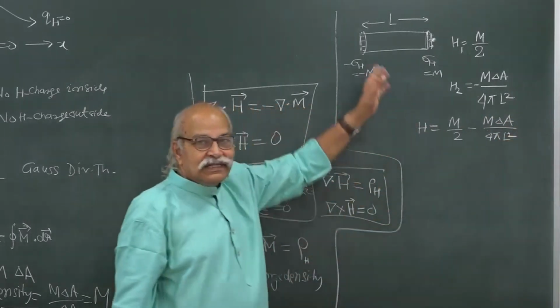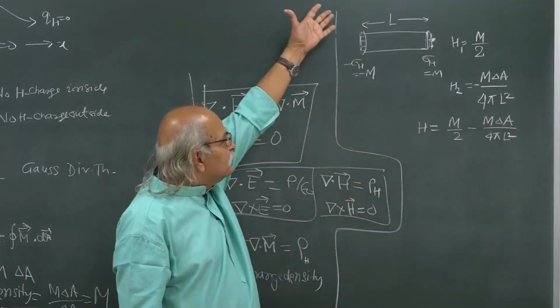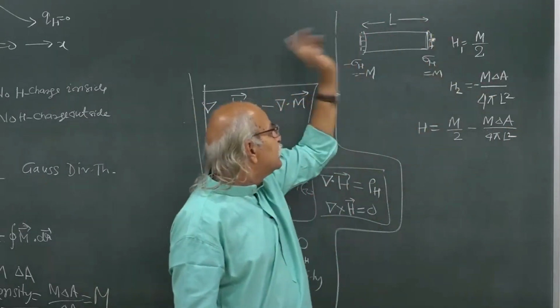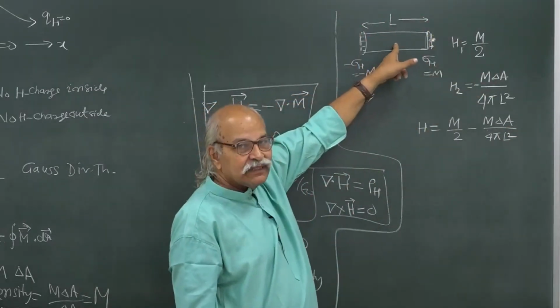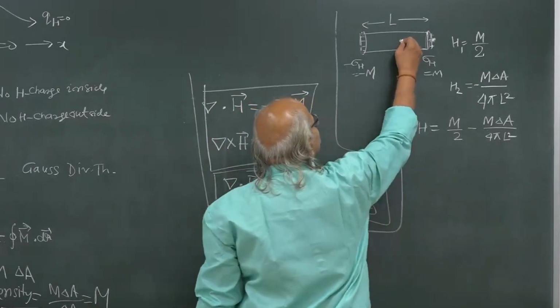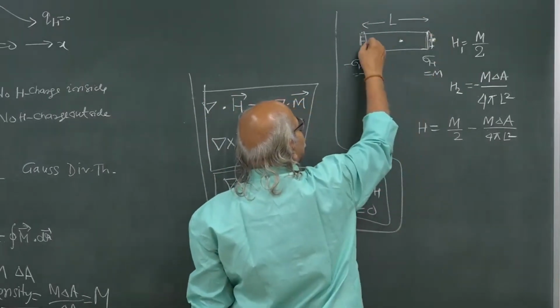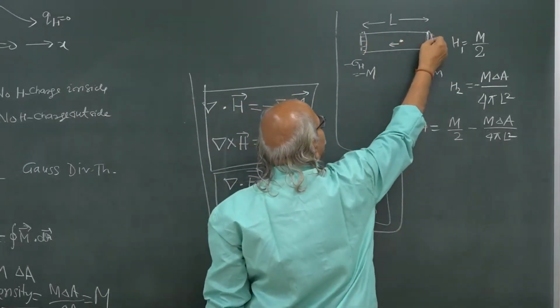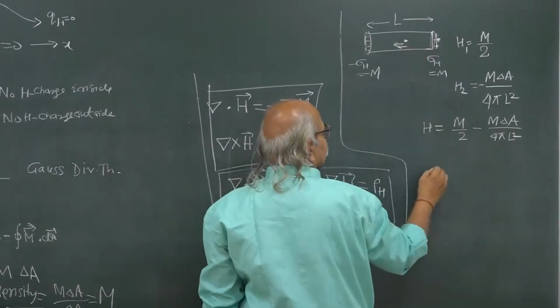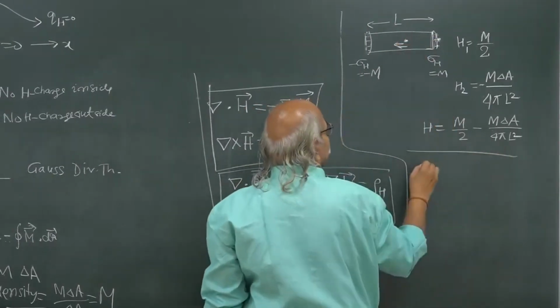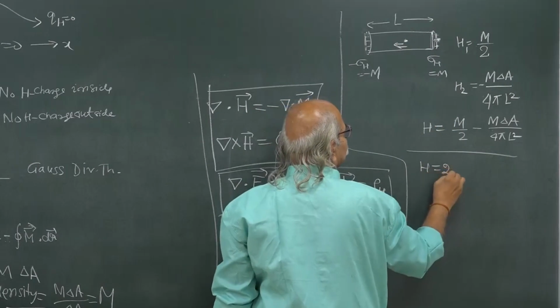I know H here, anywhere here, anywhere you want H in between here, what is H? So if this L is large, we will say that okay, because of this it is this way, because of this also it is this way, and then this H will be double of what?